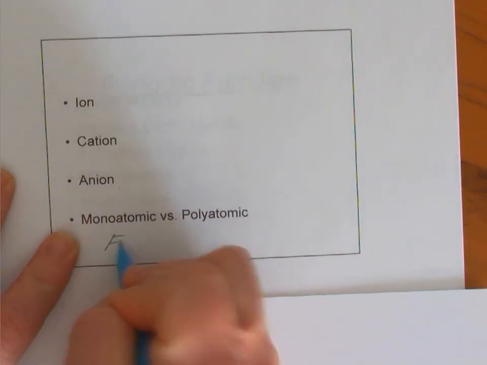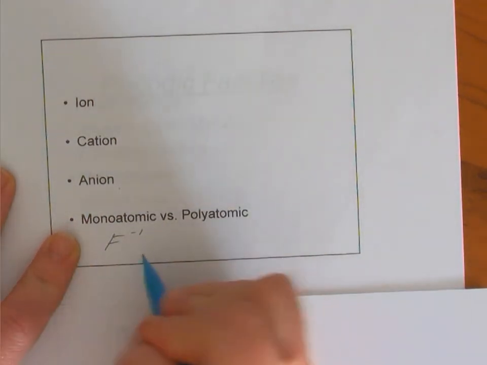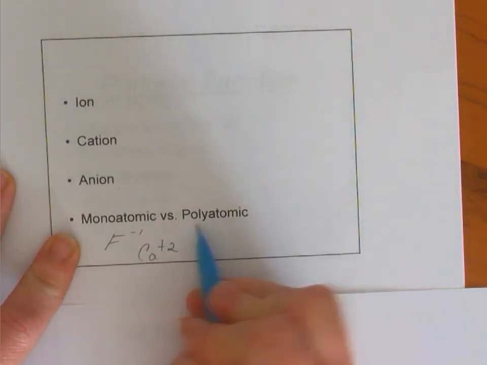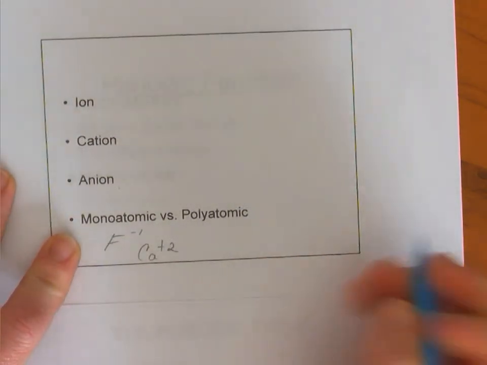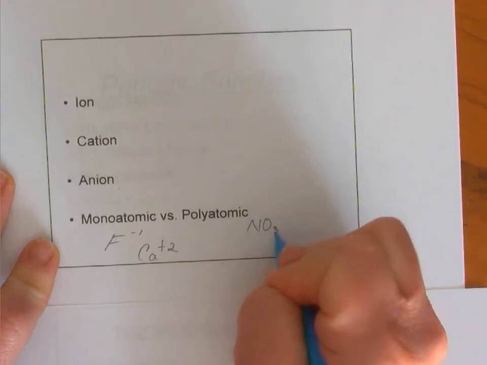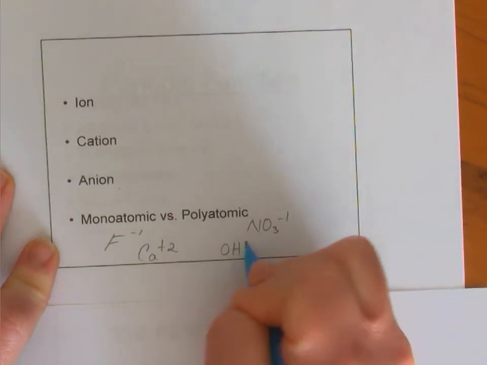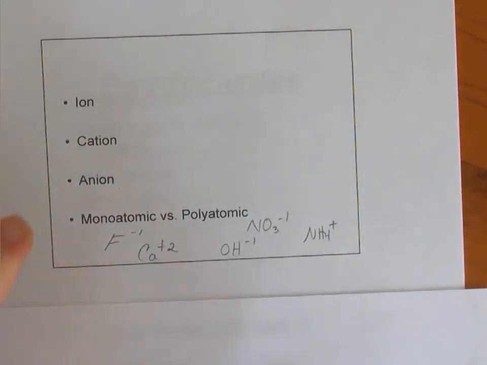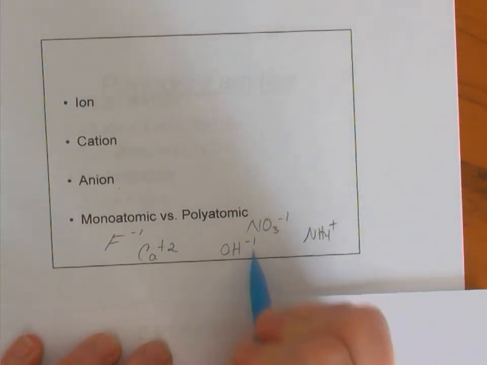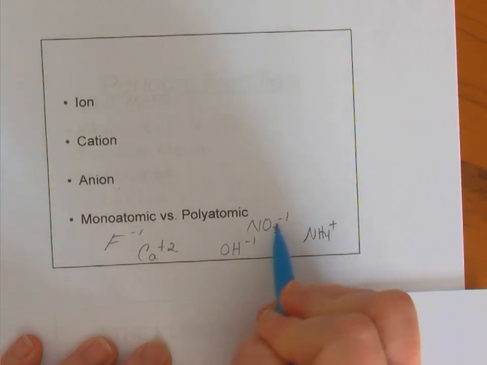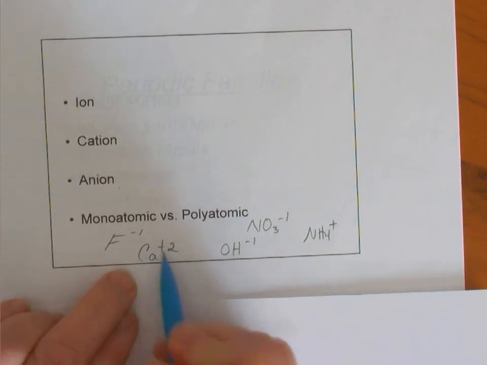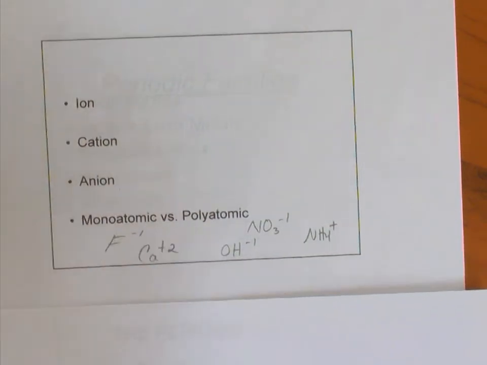So, for example, fluoride or the calcium ion, where polyatomic ions are made of more than one atom. So, nitrate, hydroxide, ammonium, and it's the entire cluster that we understand has that -1 or that +1 or -3 charge. Where here it's just simply the single element that is carrying this charge.